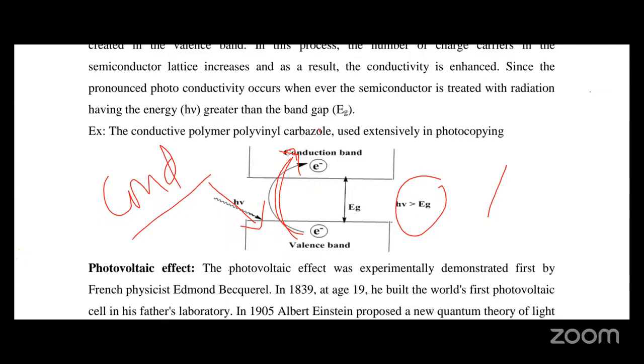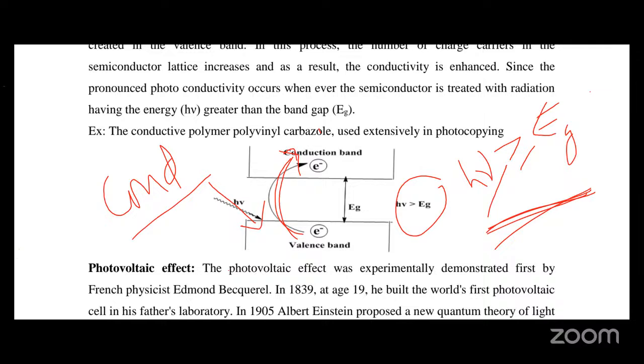Therefore, the condition for photoconductivity is that h nu is either equal to or greater than Eg, the energy gap between the conduction band and valence band. So we have to supply that light energy to the material, either more than or equal. Then only will electron promotion take place. Hence, it shows photoconductivity.